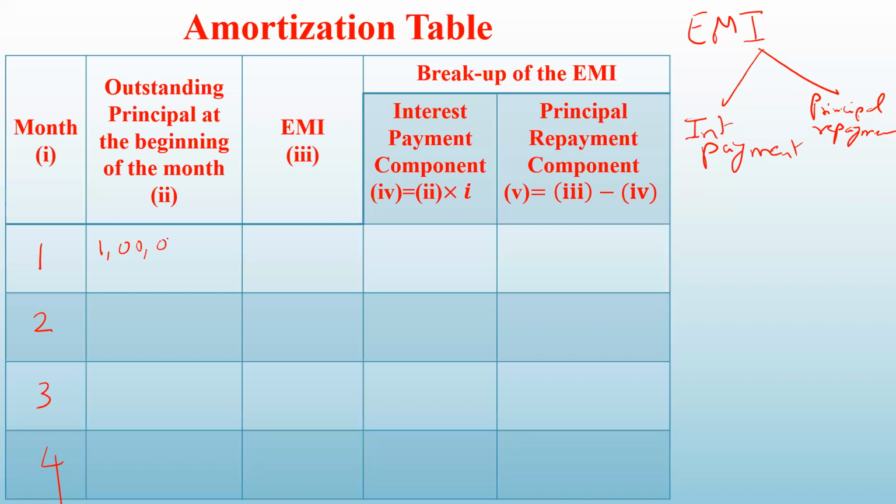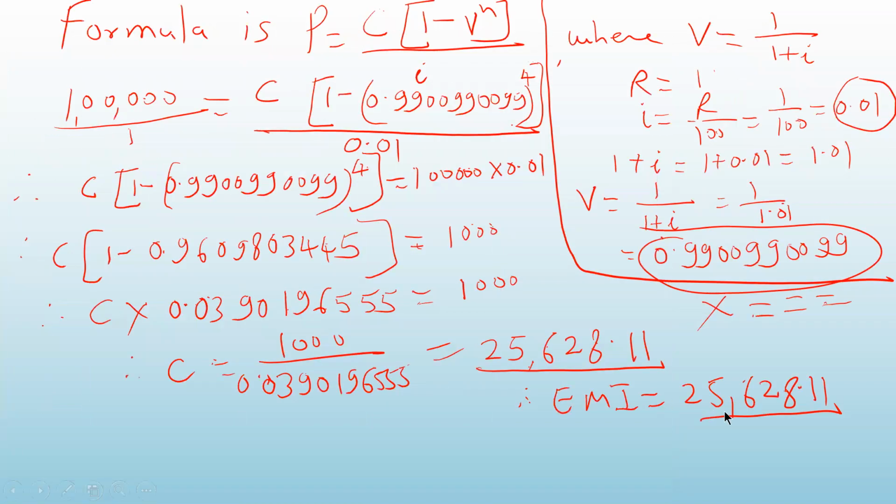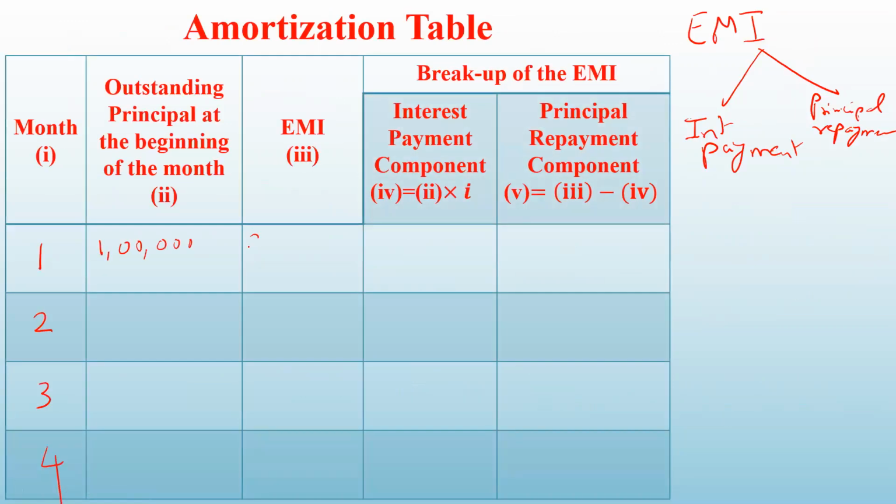It was 1 lakh rupees. So the outstanding principal is 1 lakh. The value of EMI we got is 25,628.11, that is 25,628 rupees and 11 paise. So in the first month, you had this much loan amount to repay.